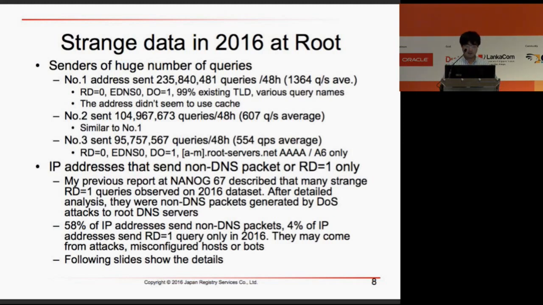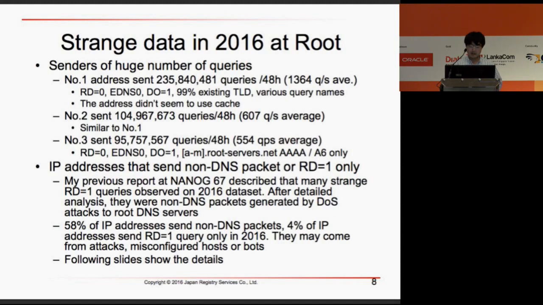However, the address didn't seem to use cache. Number 2 sent about 100 million queries in 2 days, 600 queries per second on average. The address sent similar queries to number one. Number 3 sent 95 million queries in 2 days, 554 queries per second on average.